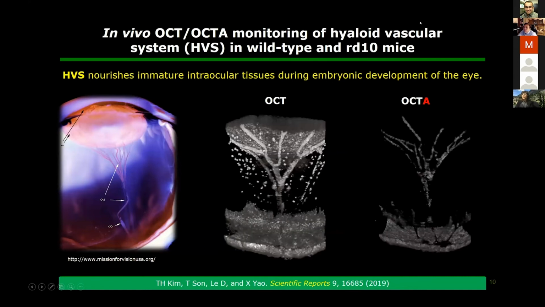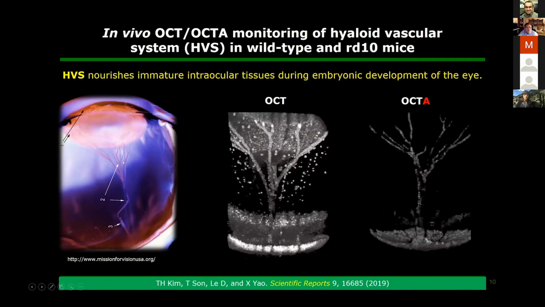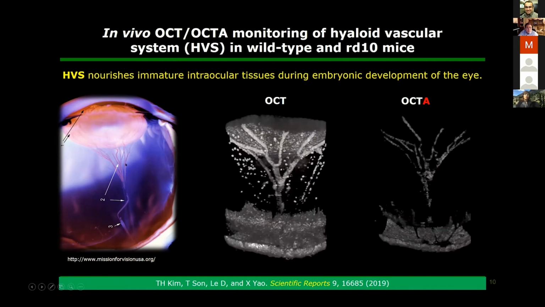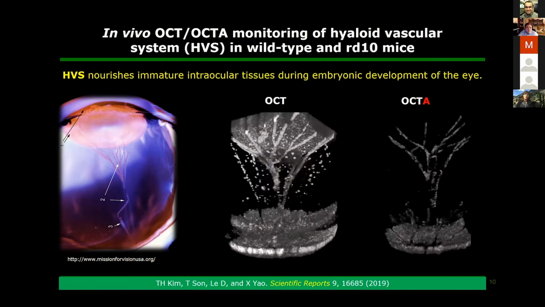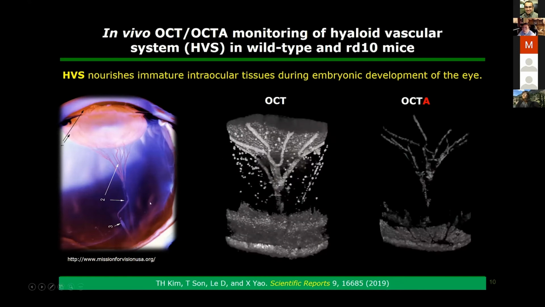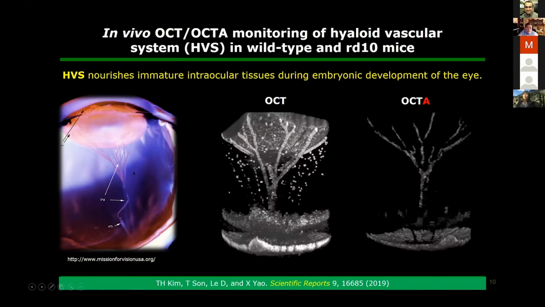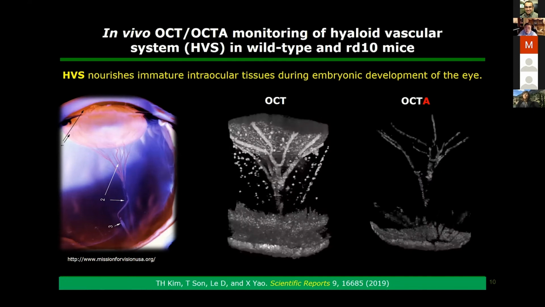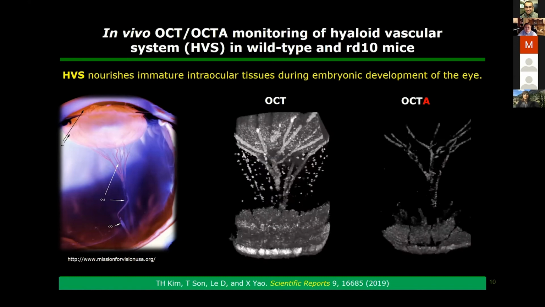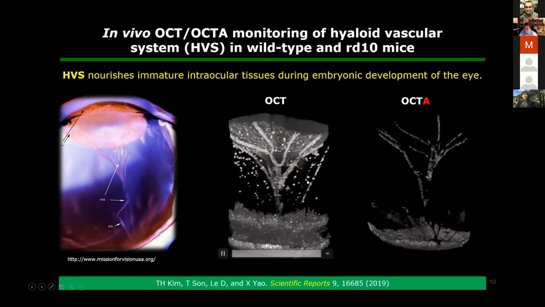The hyaloid vascular structure only occurs during retinal development. After birth, for example in a mature baby, we cannot see the hyaloid vascular structure, but if the baby is delivered prematurely, in some of them we may observe the hyaloid vascular structure.